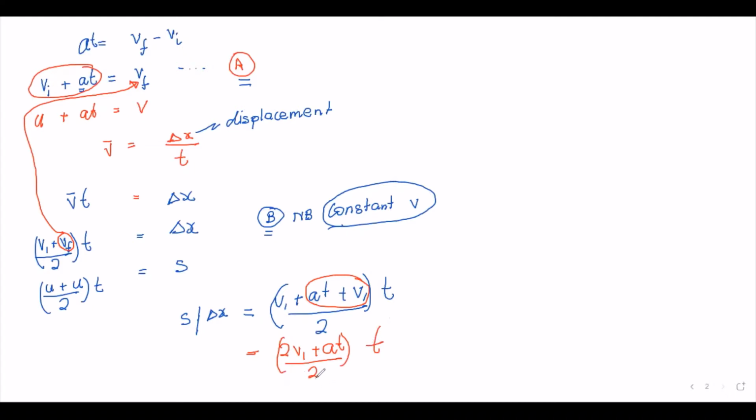The whole thing will become 2V over 2 times that T plus A over 2 T squared. T multiplied by T is T squared. Now, if you simplify this further, 2 will drop with the 2.